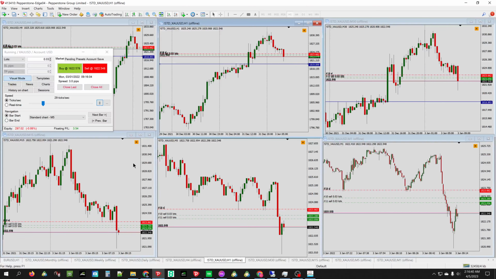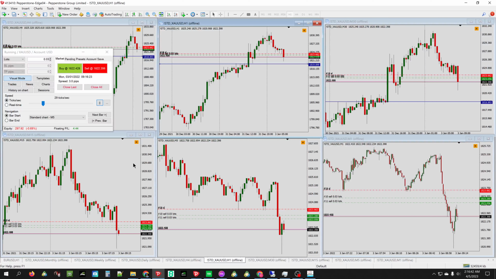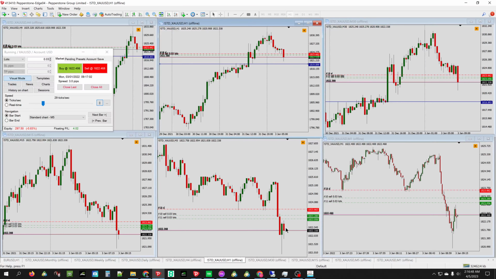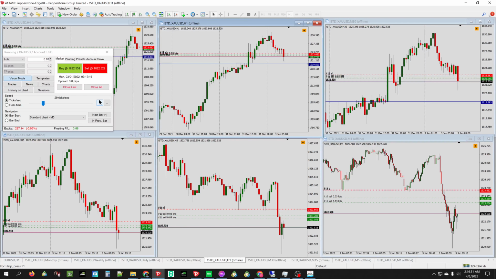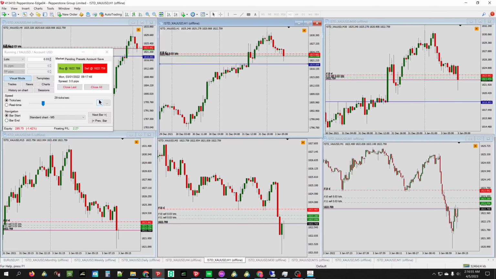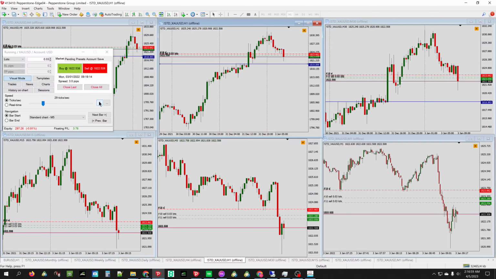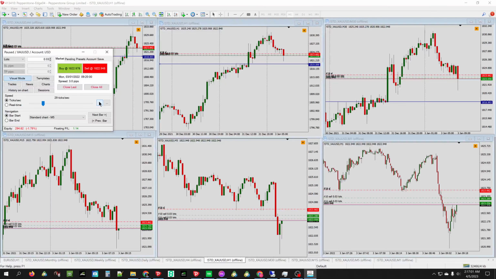If the candle does touch my stop loss, I will be happy with my risk management. Just a little bit of patience. I want to see how the current M5 candle will close. Yeah, so there was a problem at like 20 pips.